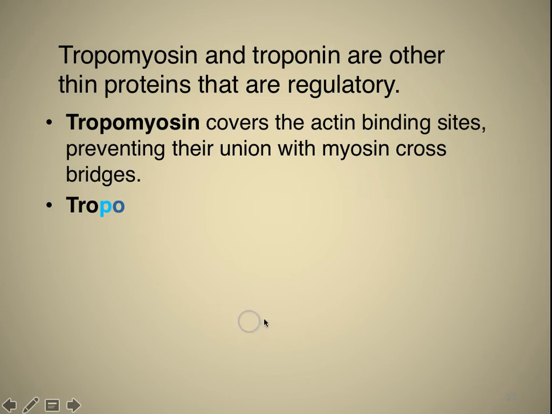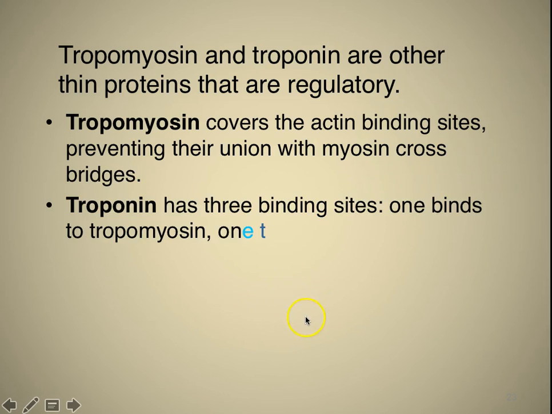That's just what I mentioned. So troponin will have 3 different binding sites. One obviously is binding to tropomyosin, that's how it sticks to it. Okay. One binds to actin, and then one of them will bind to calcium.